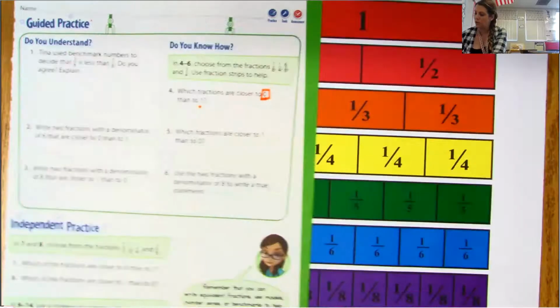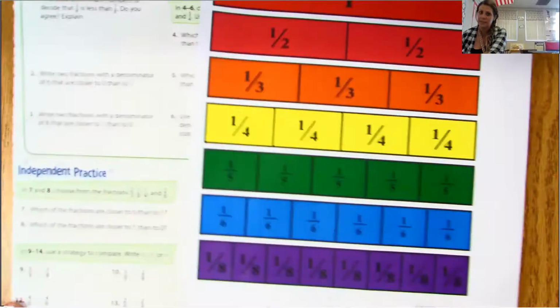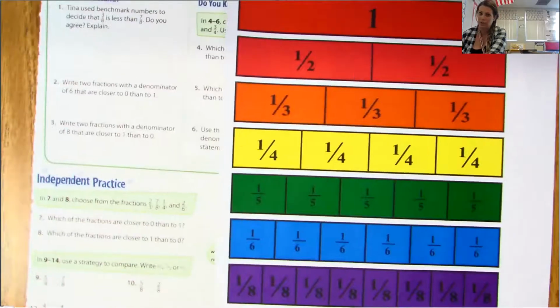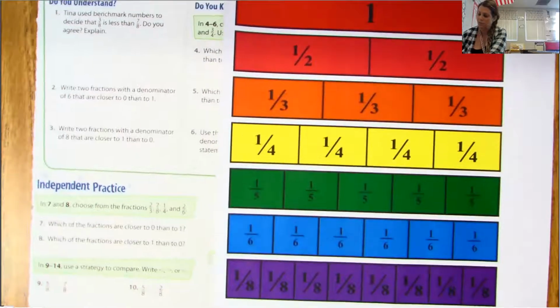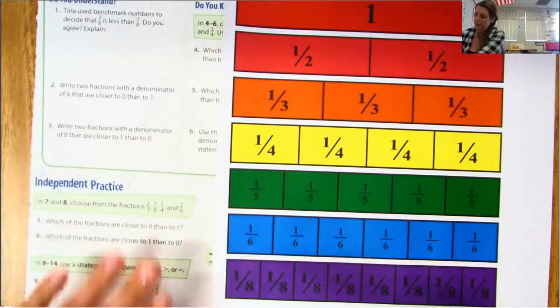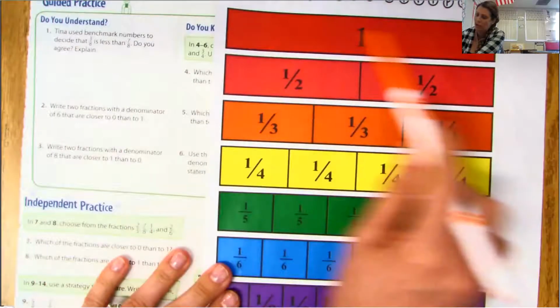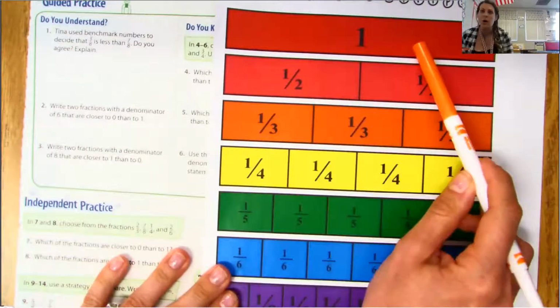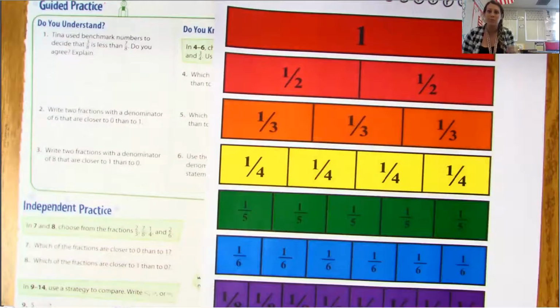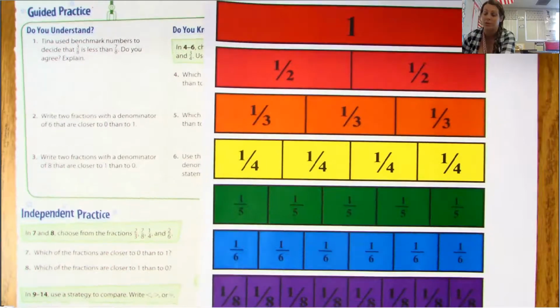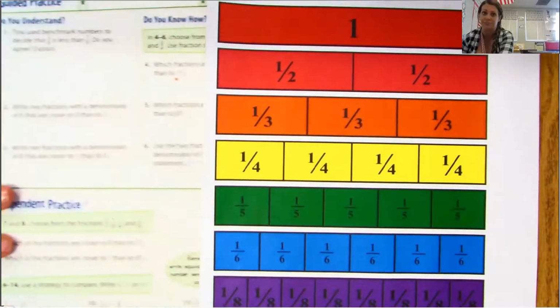Well, let's look at our fraction strips. Up here is 1 whole, right? So we want fractions and those strips to be pretty small. They have to be pretty small because they're closer to 0, is what they're asking us, right?